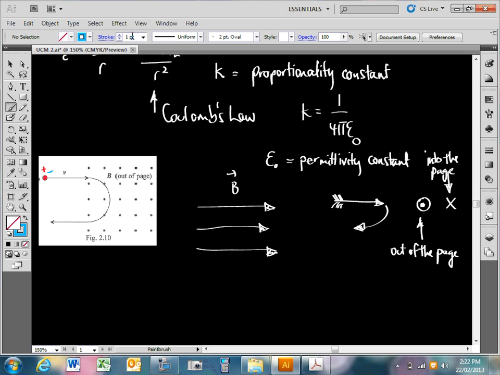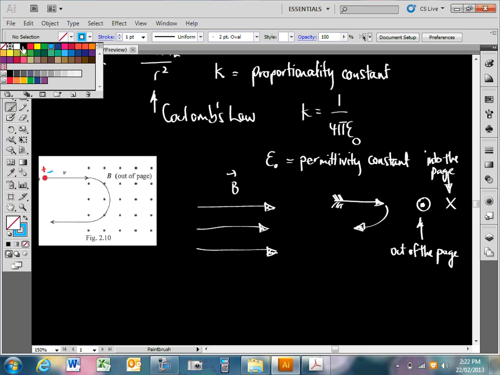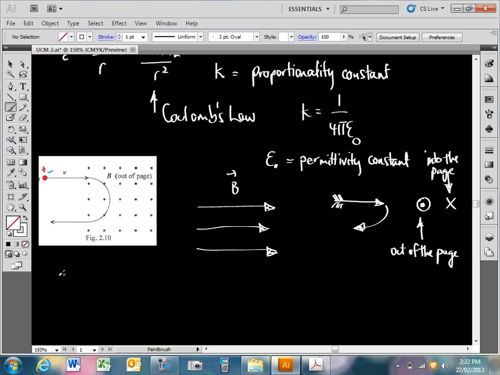The centripetal force is provided by the magnetic force.